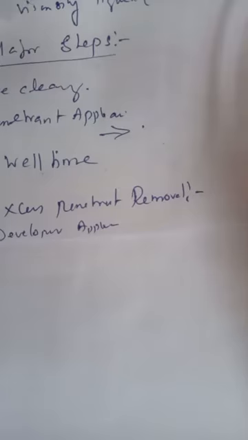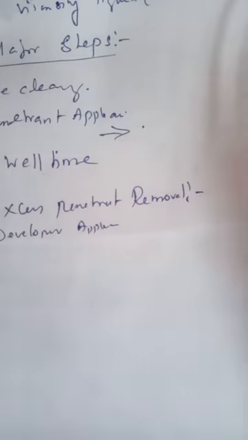Developer application. Most probably the developer is white in color, and the penetrant is pink in color. A white powder or spray is applied. It acts like a blotter, drawing the trapped dye back to the surface to create a visible indication. Developer dwell time is typically at least 10 minutes.